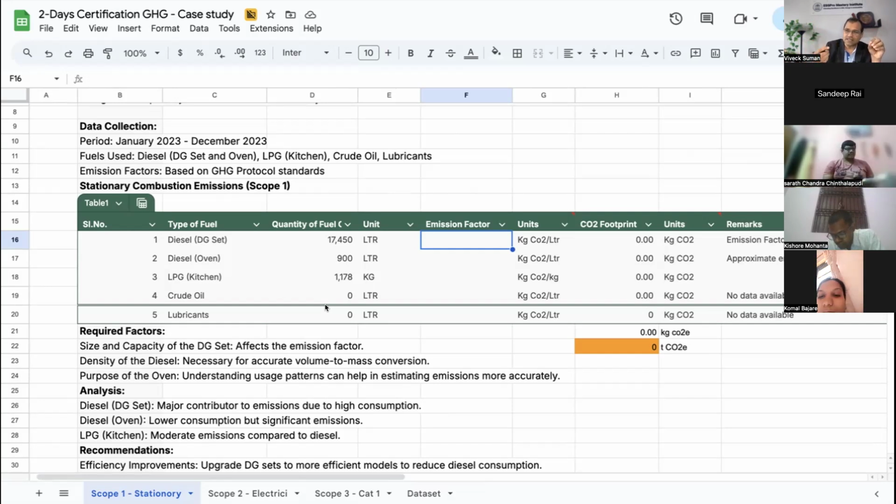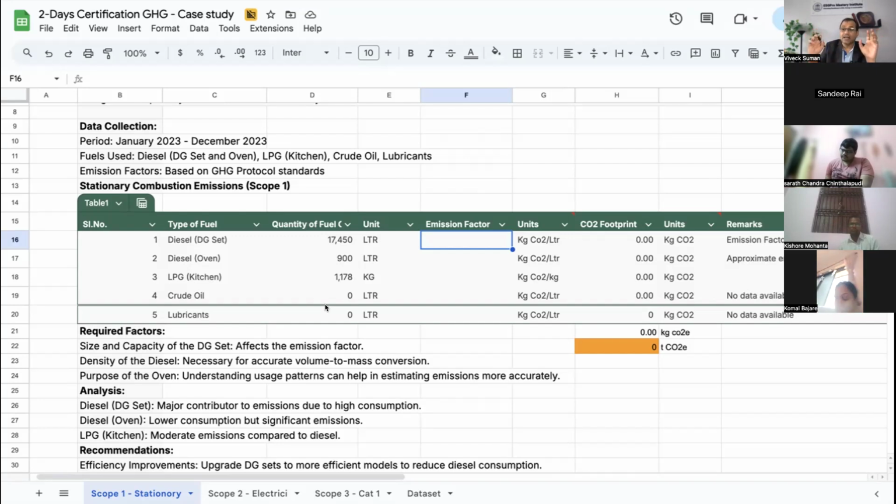The first reason is how the combustion is happening. The process of combustion will decide the emission factor. For example, if more oxygen is available to react with the burning diesel, there will be a higher amount of carbon dioxide emission, because more oxygen molecules can interact with the carbon molecules.